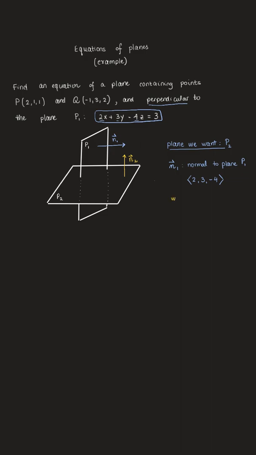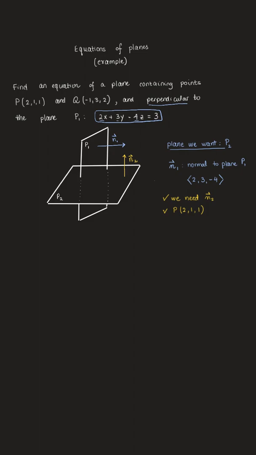So we need to find n sub 2. A plane is uniquely determined by its normal and a point on the plane. So if we can get n sub 2, then we can take, let's suppose, point P, whose coordinates are 2, 1, and 1, and obtain the equation of our plane.